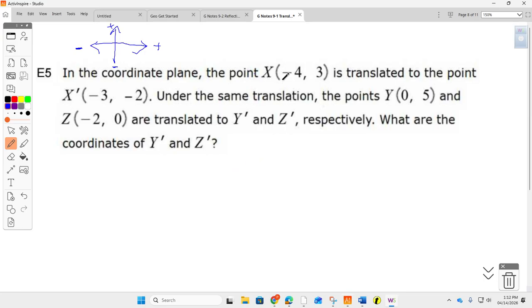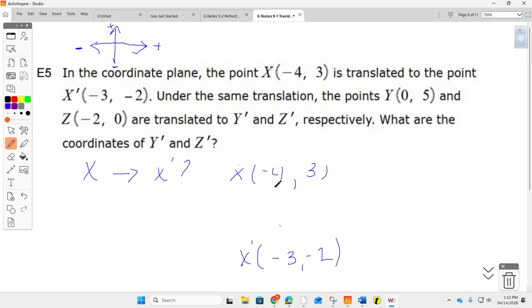All we have to do here is figure out how we go from X to X prime. What do we do to the x's? While X is (-4, 3), X prime is (-3, -2).